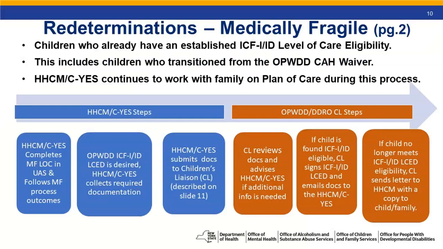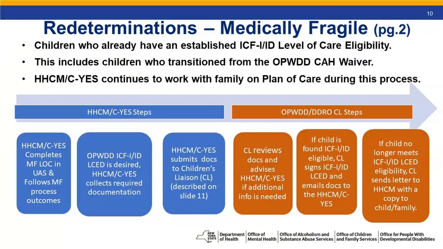Okay, so first we're going to be talking about redeterminations of level of care eligibility determinations. The first slide shows the medically fragile children who already have an established ICF-I level of care eligibility. So this includes children that have transitioned from the OPWDD care-at-home waiver.